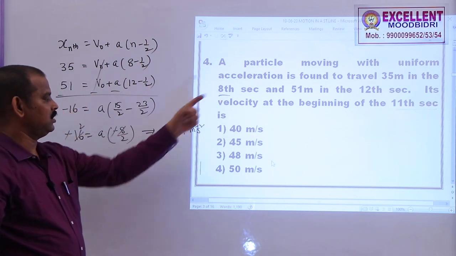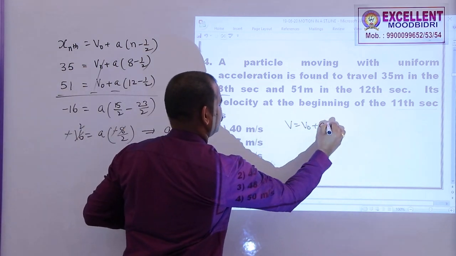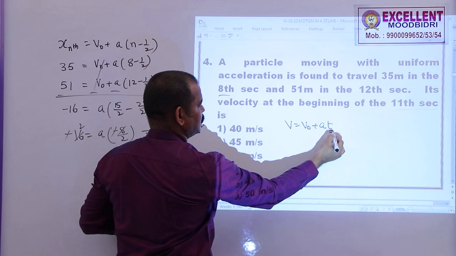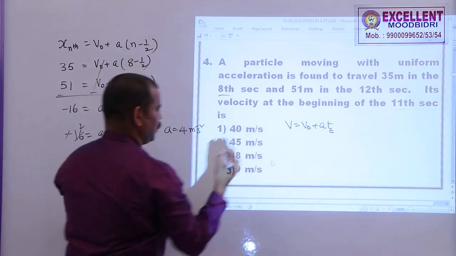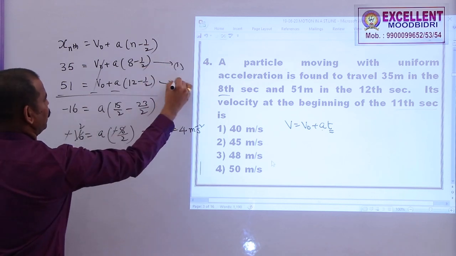But I want the velocity. For velocity, v is equal to v naught plus at. I know the beginning of the 11th second means 10 seconds. I got the acceleration, now I want the initial velocity. Substitute in either equation 1 or 2.